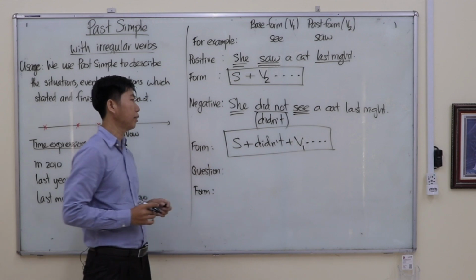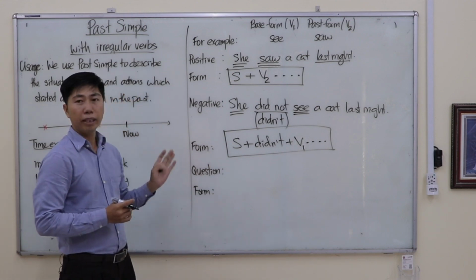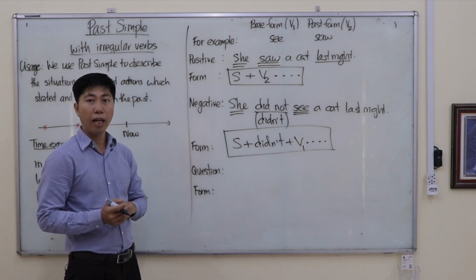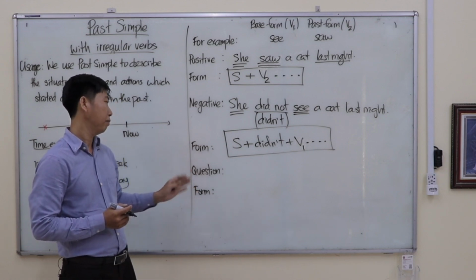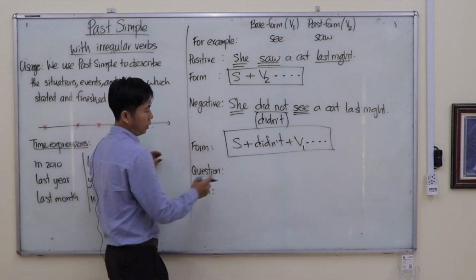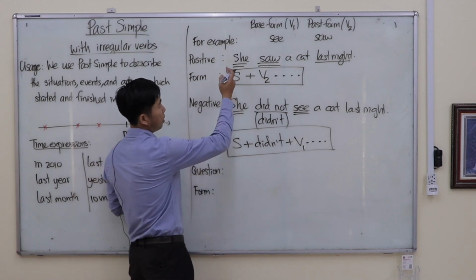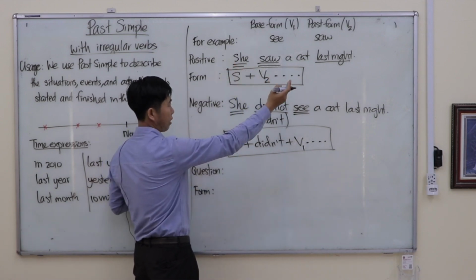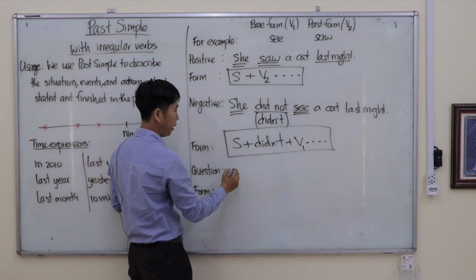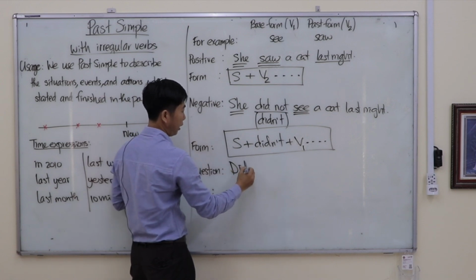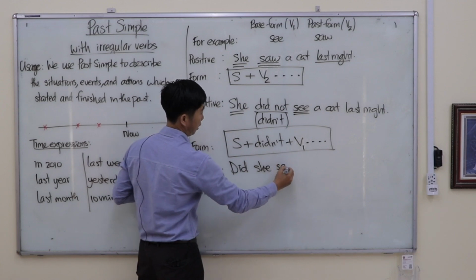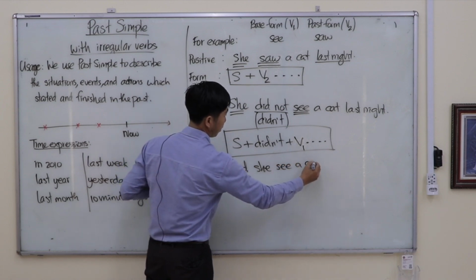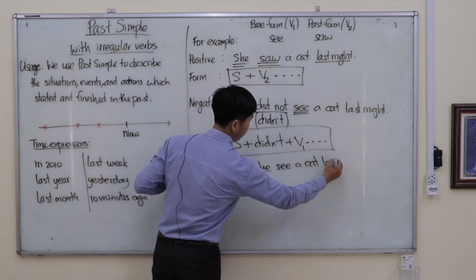Okay, good. Now let's go to the question. How can we make a question in past simple? The sentence is she saw a cat last night. So the question will be, did she see a cat last night?